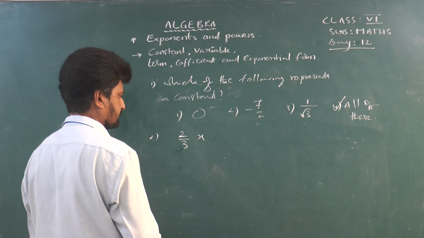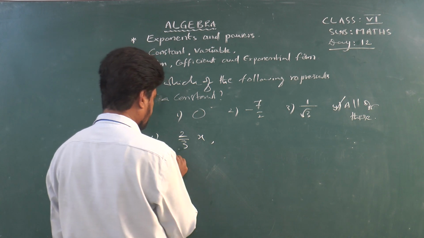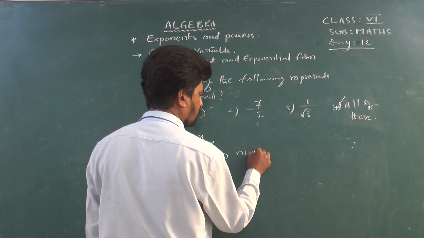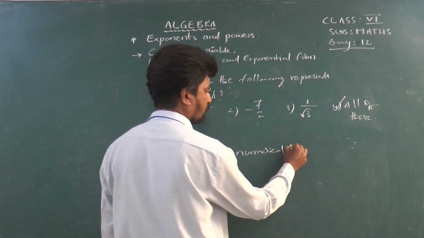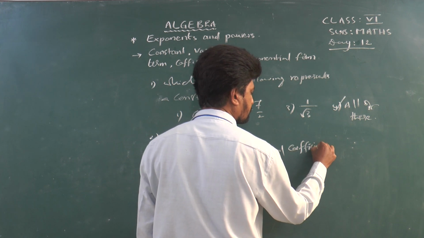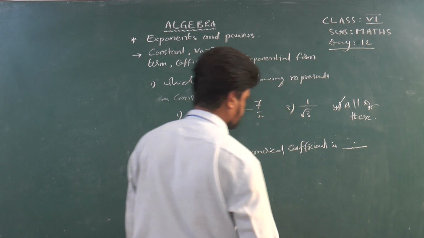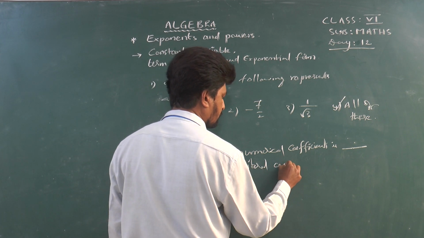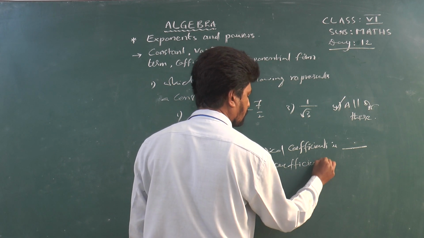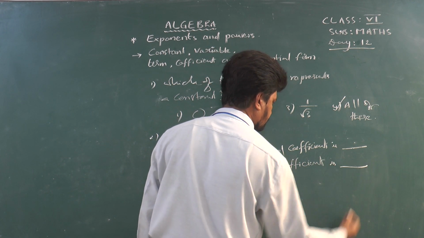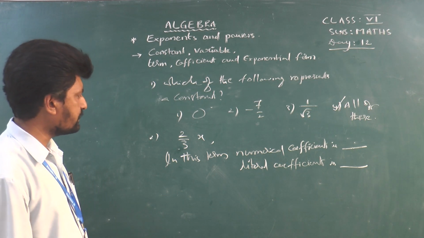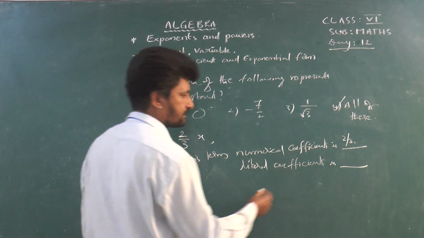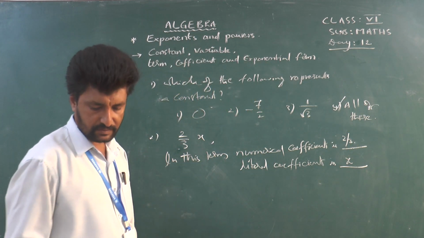In this term, what is the numerical coefficient, and also what is the literal coefficient? Here the numerical coefficient is nothing but 2 by 3, and the literal coefficient is nothing but x. We call it like that.